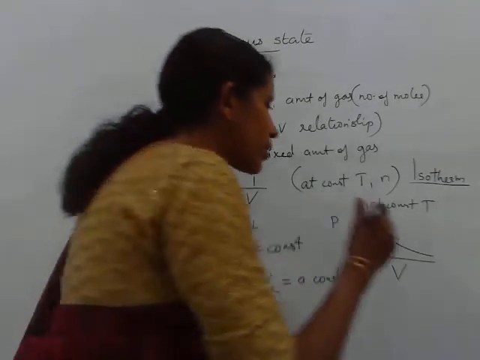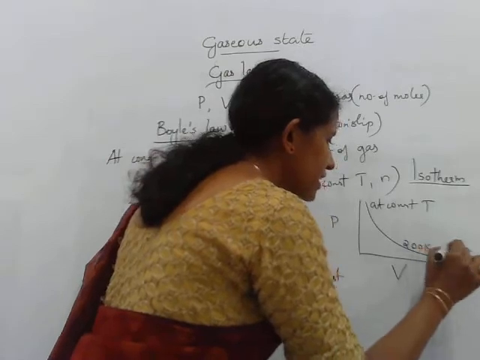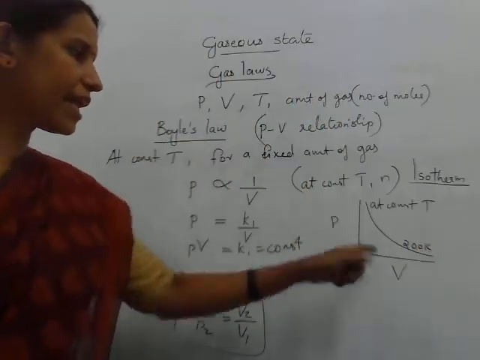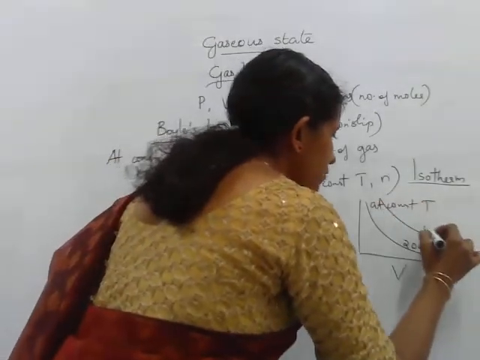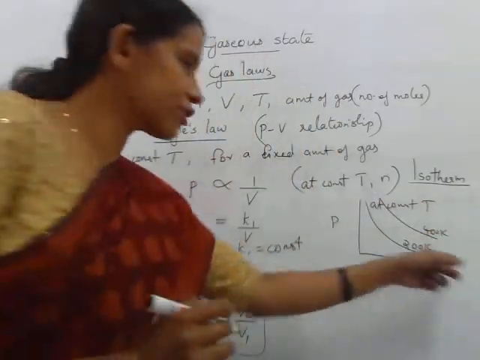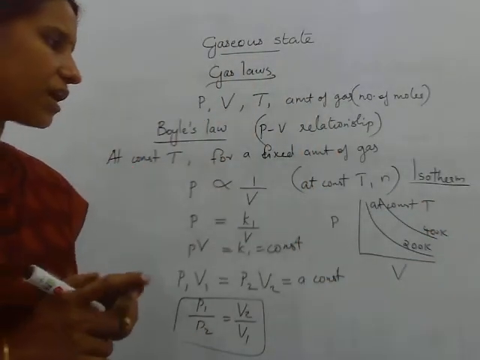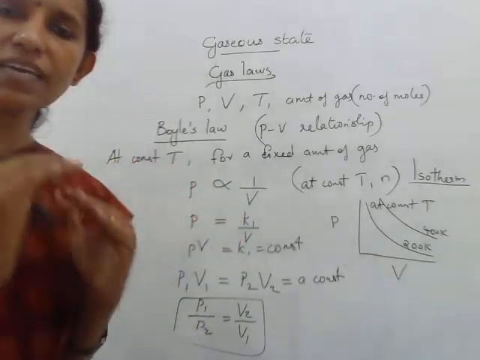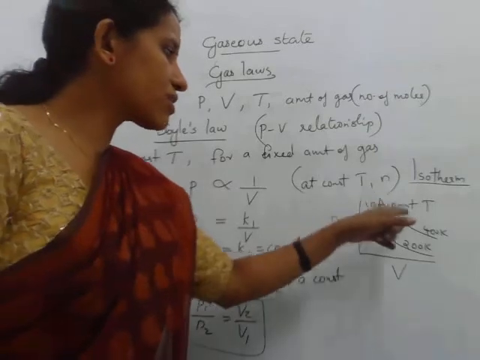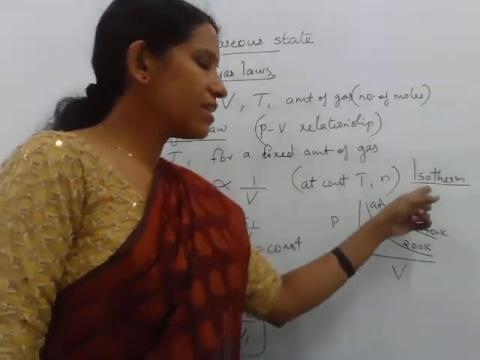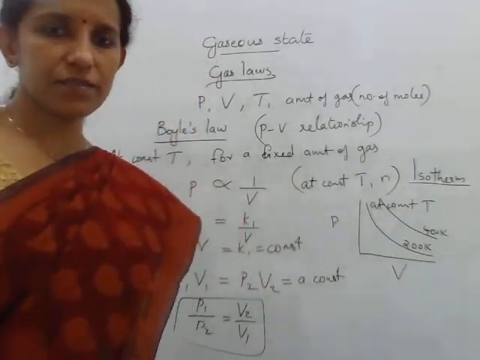If this is the plot at a constant temperature of 200 Kelvin, similarly another isotherm can be drawn at a different temperature, for example at 400 Kelvin. So isotherms are constant temperature graphs. Pressure versus volume graphs plotted at constant temperatures are known as isotherms.